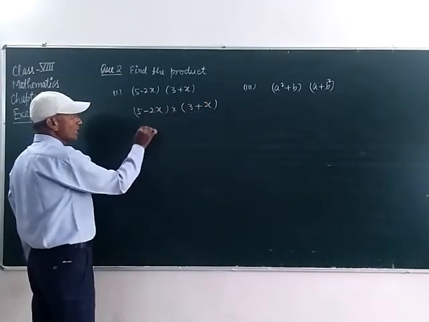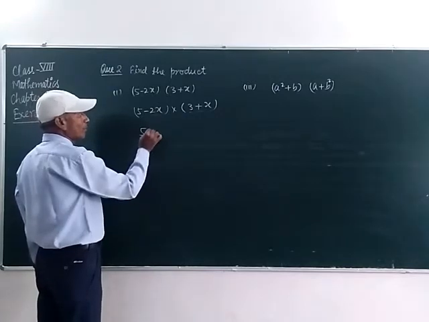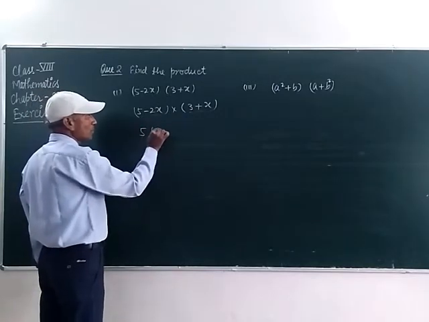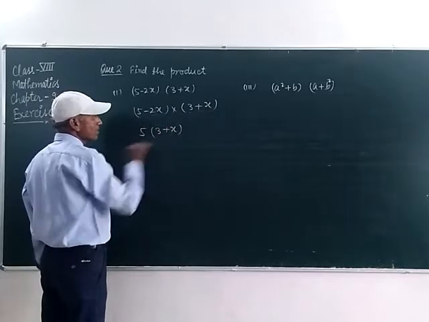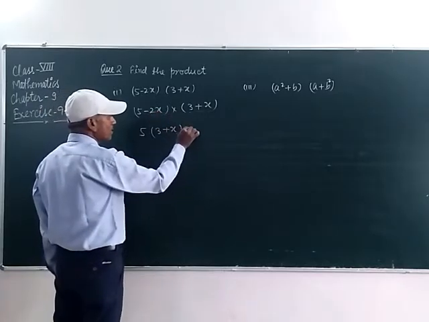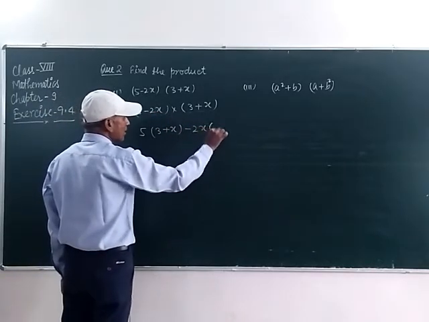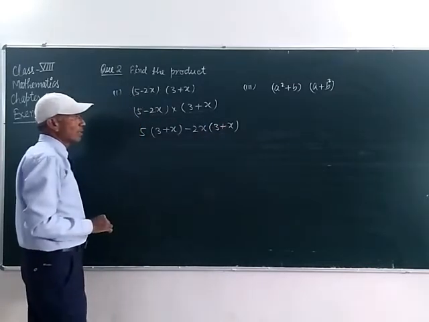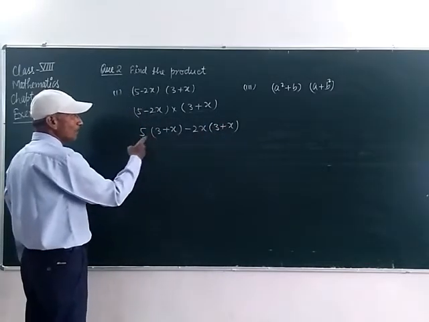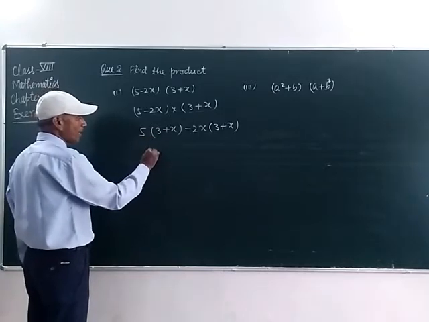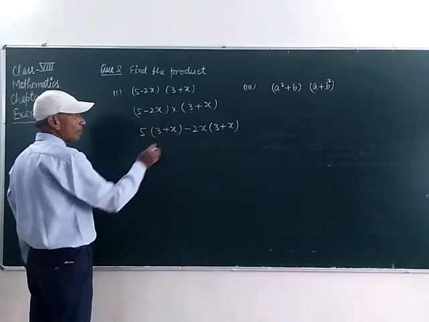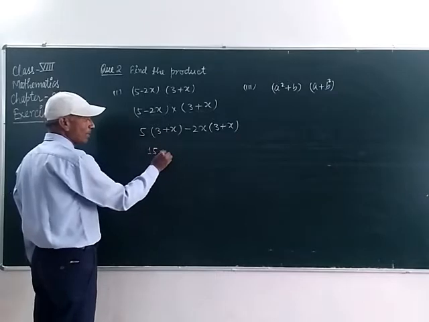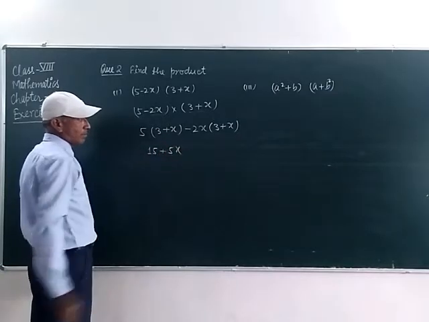So in the first step, this one will be 5 into 3 plus x, minus 2x into 3 plus x. Now multiply this 5 threes are 15, and 5 multiplied by x, it will be 5x.